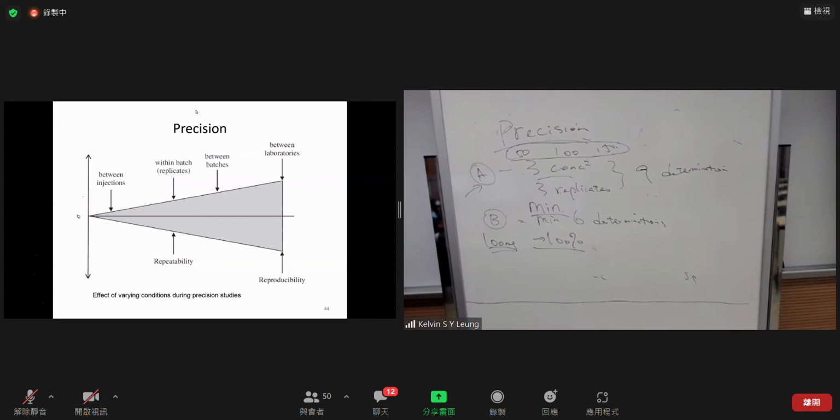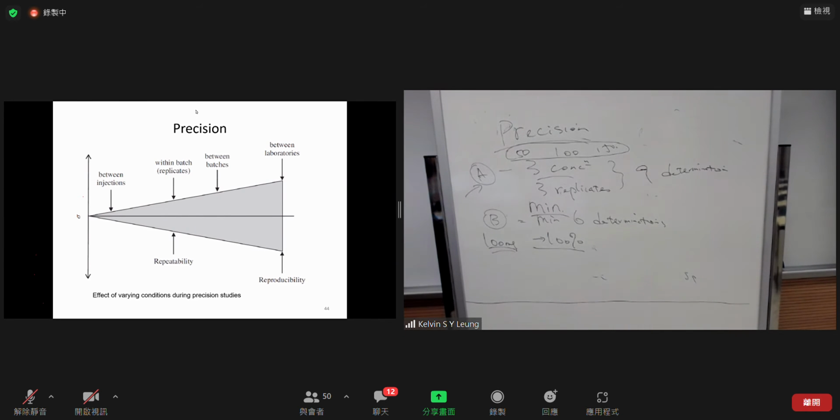You need to make some justifications if you just take the less stringent ones. Usually the reason you use others and not follow exactly the same is that the others are less stringent and you can meet them. This is the reason why you choose different guidelines in your method validation.